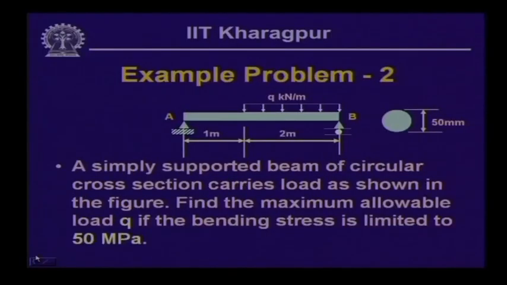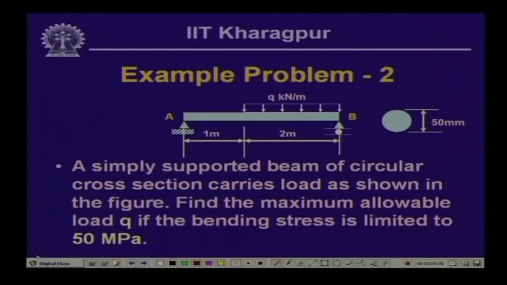Now, let us look into another problem wherein a uniformly distributed load of intensity Q is acting over a distance of 2 meter, which is a partial loading, and the cross section of the beam is a circular one having a diameter of 50 millimeter.